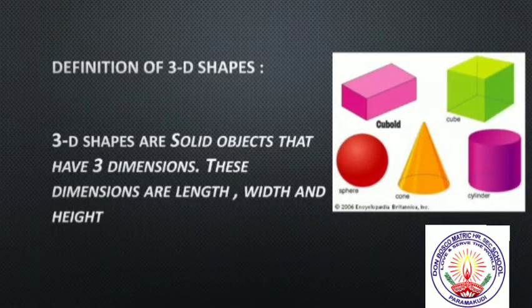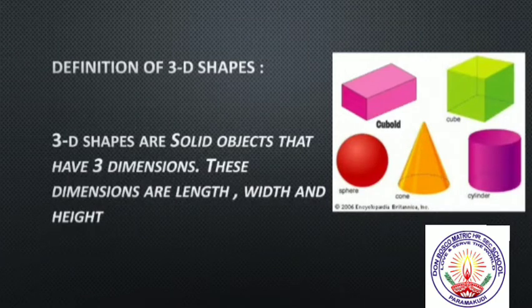So the definition of 3D shapes is, 3D shapes are solid objects that have 3 dimensions. These 3 dimensions are length, width and height. Do you understand?